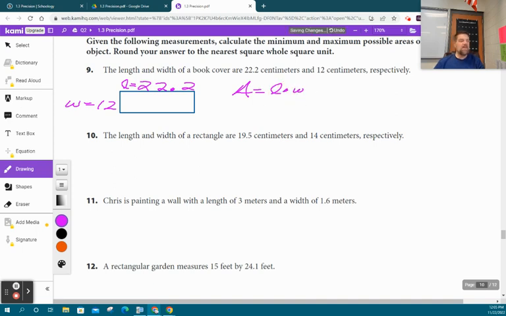But remember, we've been doing some error assessments. In other words, when we measure, we may not be precise. So what we're going to do is an increment.